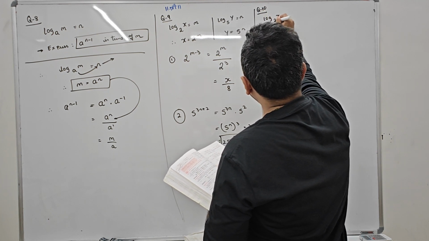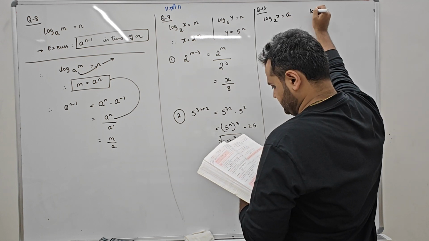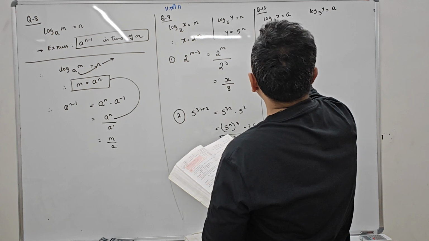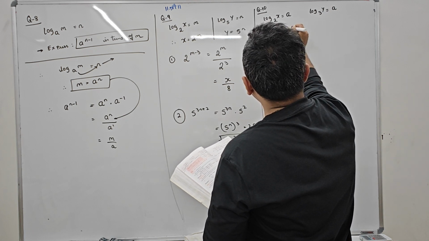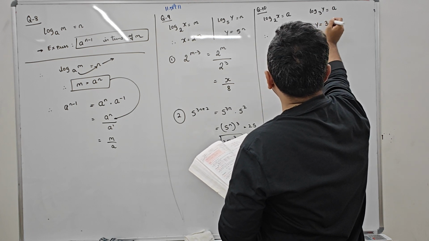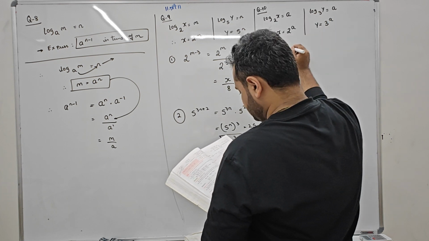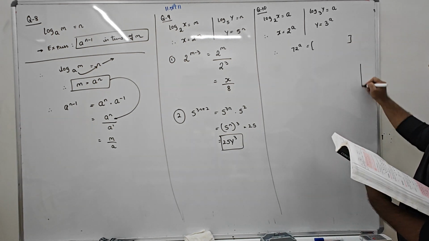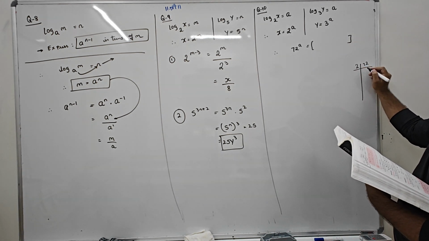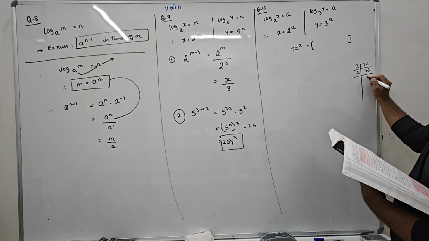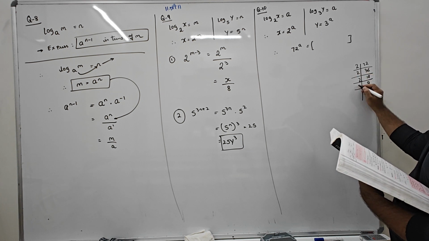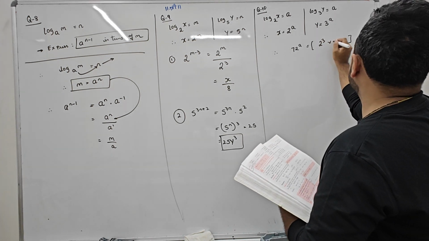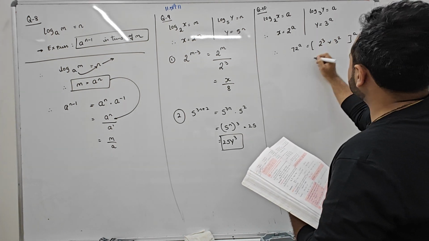Log of x to the base 2 is a. Log of y to the base 3 is a. From here I can conclude x is 2 raised to a and y is 3 raised to a. Perfect. Therefore 72 raised to a. What are the prime factors of 72? It is 2 cubed into 3 squared, raised to a.